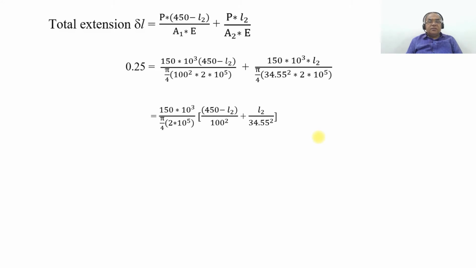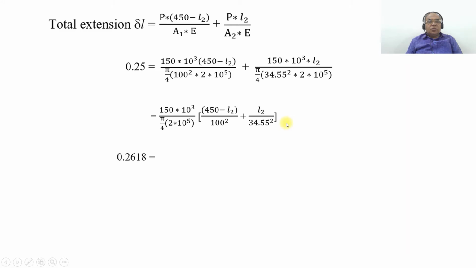On calculation, 150 into 10 to the power of 3 divided by pi by 4 into 2 into 10 to the power of 5 is the common factor, because that term appears in both. So take it out as the common factor, into 450 minus L2 by 100 square plus L2 by 34.55 square.